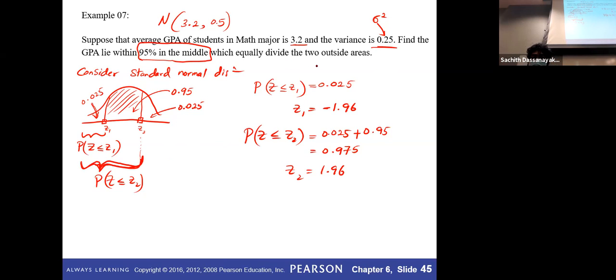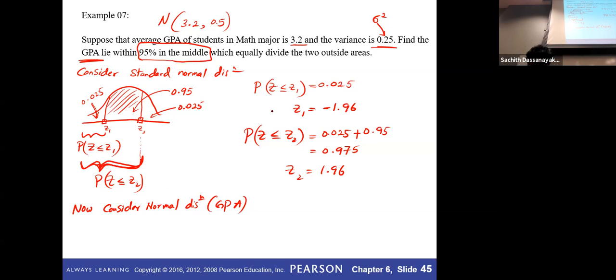I need the GPA value, which means my X value. So let's now consider normal distribution. Normal distribution means whatever in this problem, which means GPA. In this case, it's about GPA.